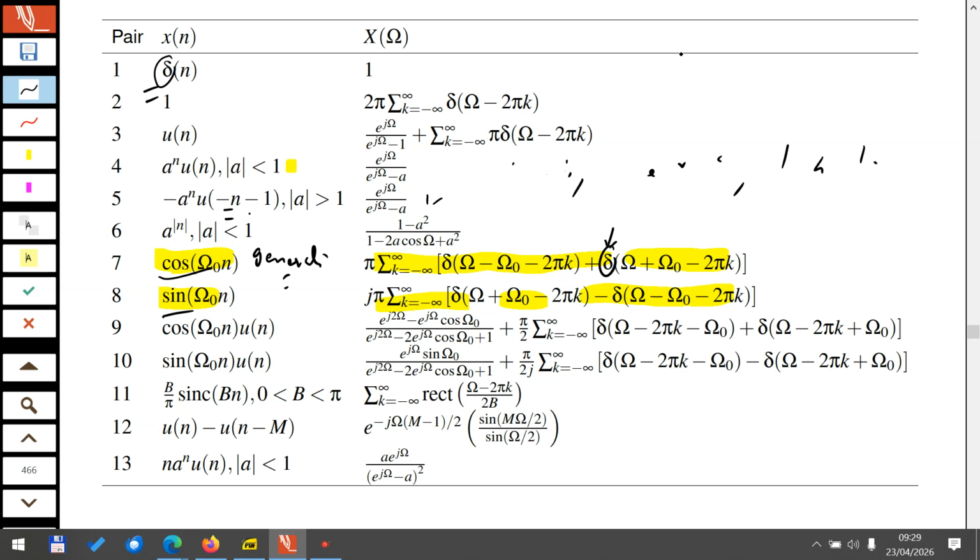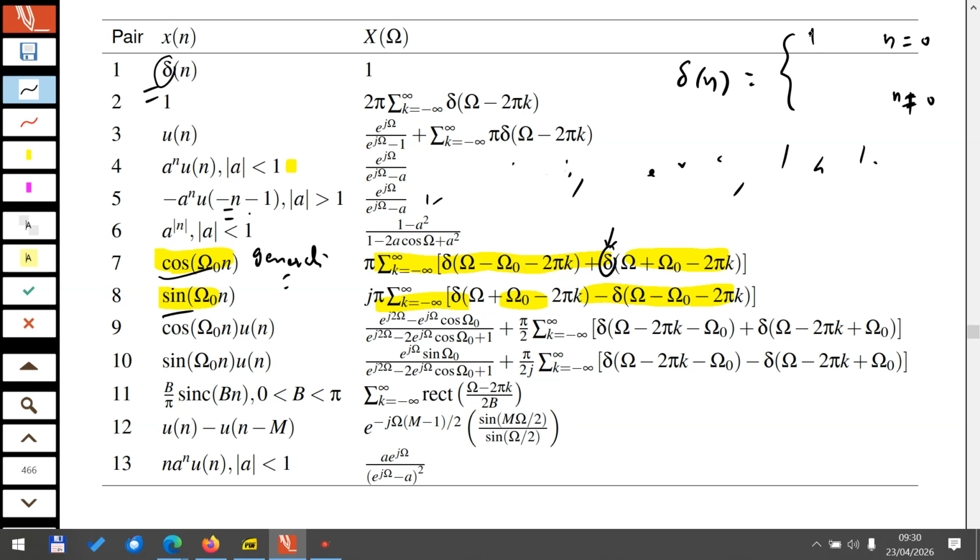Okay. How do you define delta of n? Tell me. I'm writing these two conditions, n is equal to 0, n is not equal to 0. What should I write here? N is equal to 0, it's 1, the integral is 1, and otherwise it's 0. There's no integral here.